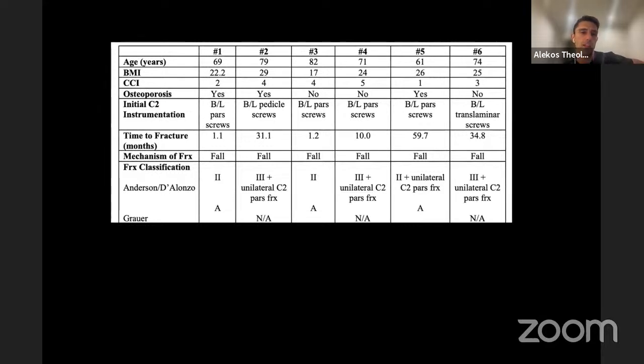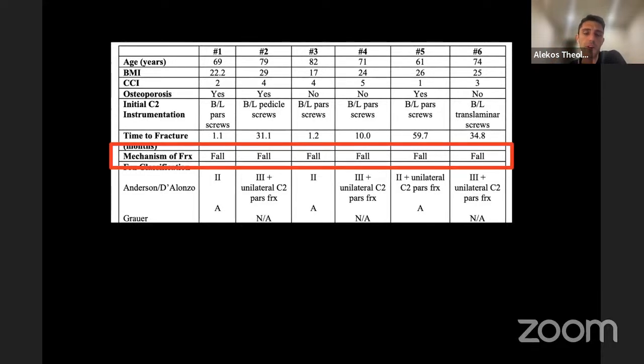You can see here that the time to fracture varied considerably, and the type of fractures that were sustained were quite different. There were some very simple patterns, but there were also type 2 and type 3s associated with pars fractures that were considerably unstable.